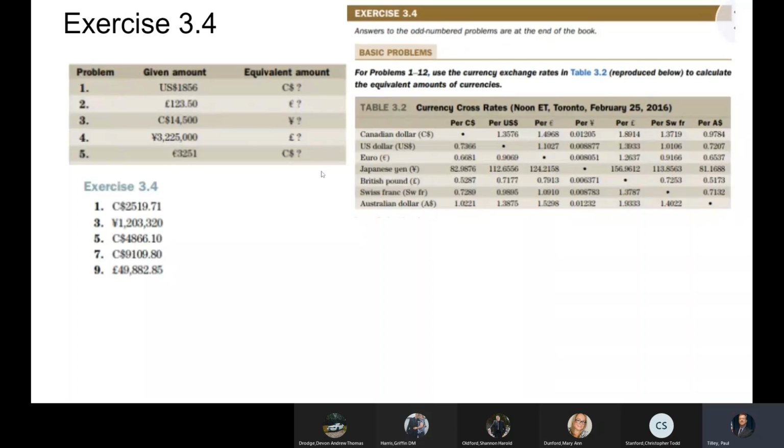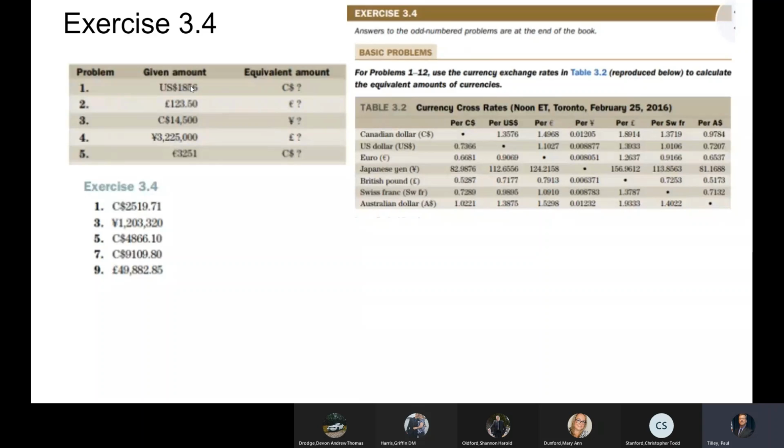But we can see in here that a Canadian dollar per US dollar is 1.3576. So that means that a US dollar is 1.3576 times a Canadian dollar.